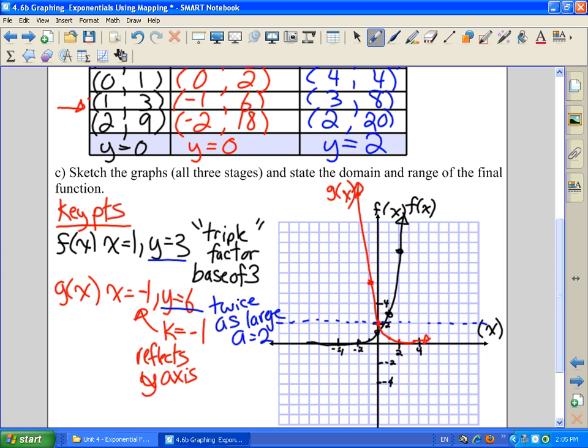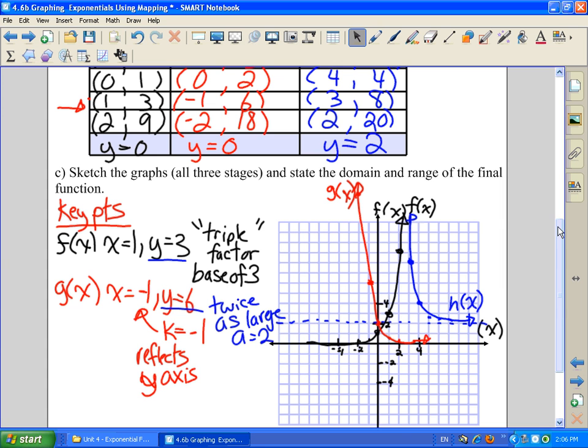So we'll go 4, 5, 6, 7, 8, and then we've got 4, 4. And then we've got 5, 2 and 2/3. And that's our h at x.